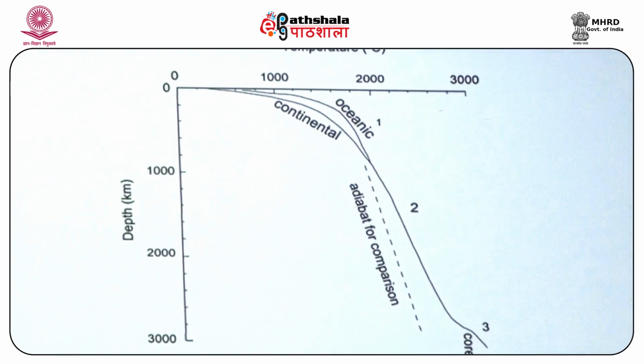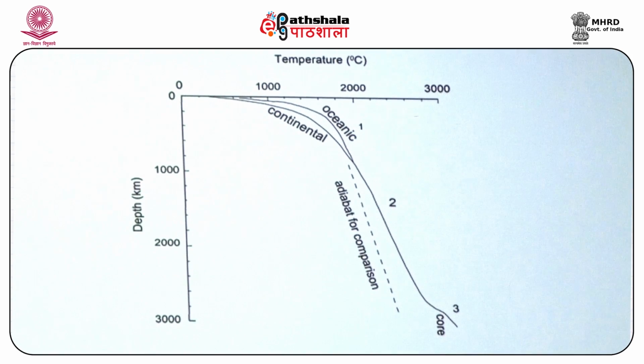What you can see here in the second diagram is that as you go deeper and deeper, this axis is the kilometers from the surface, 0 to 3000 kilometers. What we see here is a steep rise, and this is the depth. So, the depth you can see is 3000 kilometers, and this is the temperature.